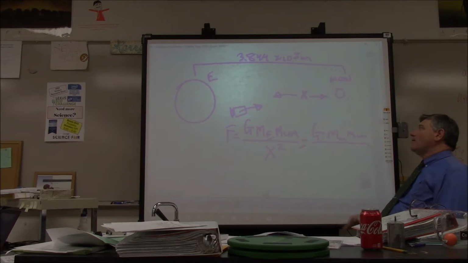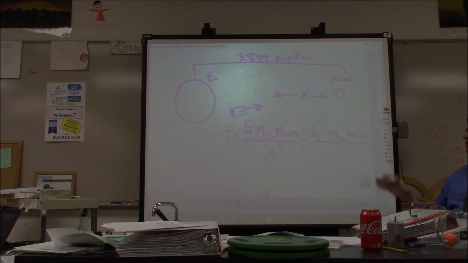Now, what's here? Y. What's the total distance? Total distance is 3.844 times 10 to the 8th meters, right? X squared. So how much is left?